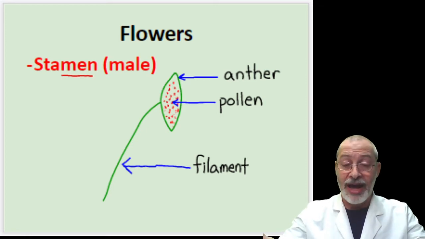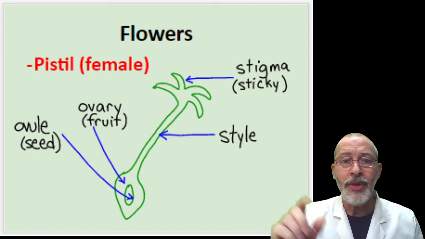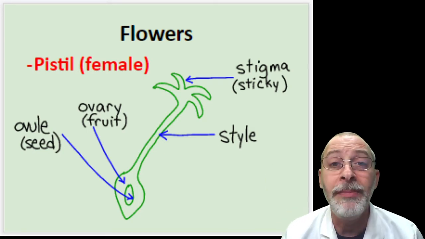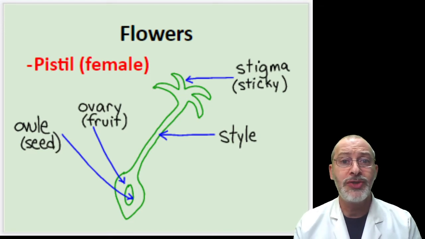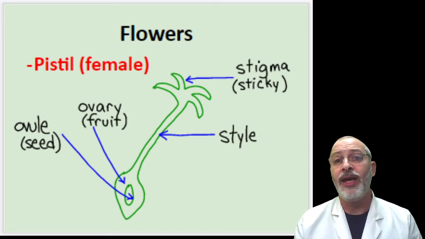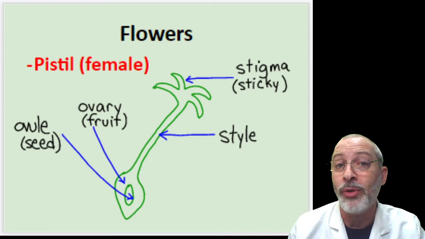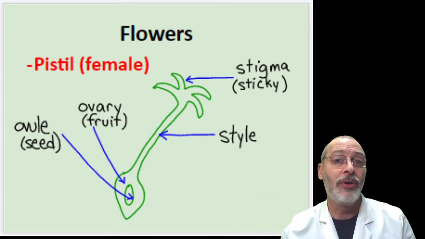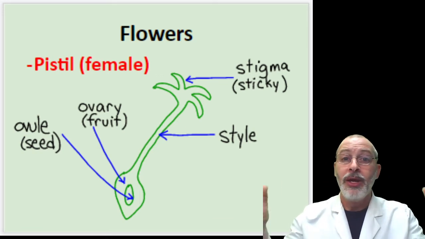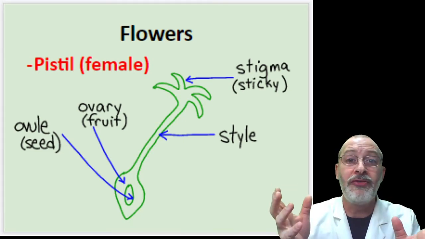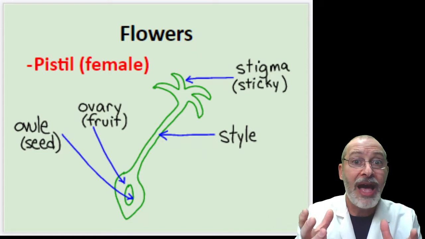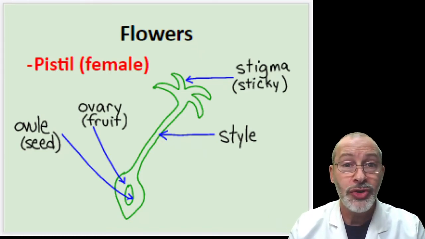But flowers don't stop there, because flowers have the female parts also. Now, there are some species or varieties where one plant will have only the female parts, and another plant will have the male parts. Many flowering plants, however, have both the male and the female parts in the same flower, which is kind of interesting.